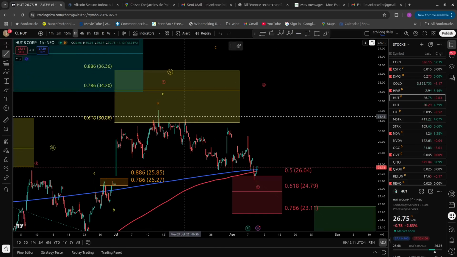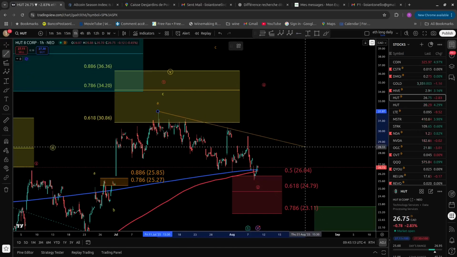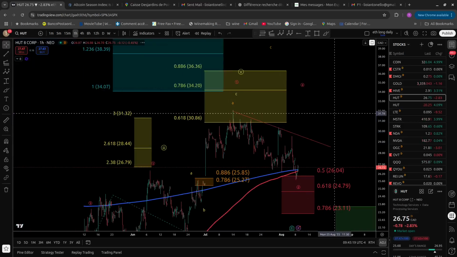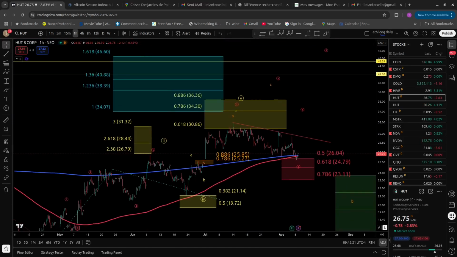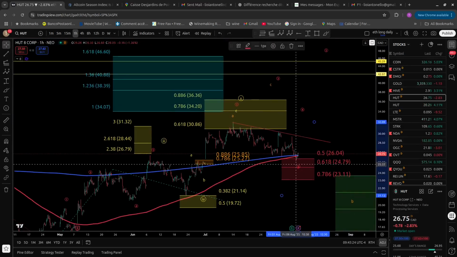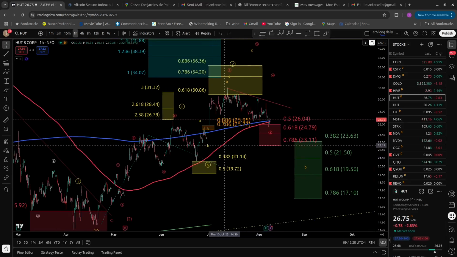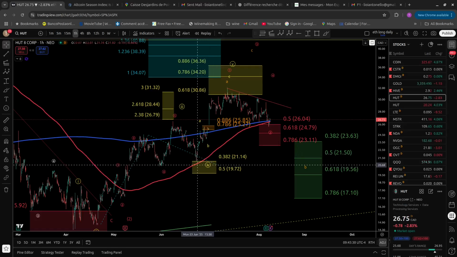I'm going to put another trend here. And until it doesn't break this downtrend, nothing more bullish is happening. Now, are we surprised of this correction? Not at all, right? Because we were expecting it. I was expecting it anyway.